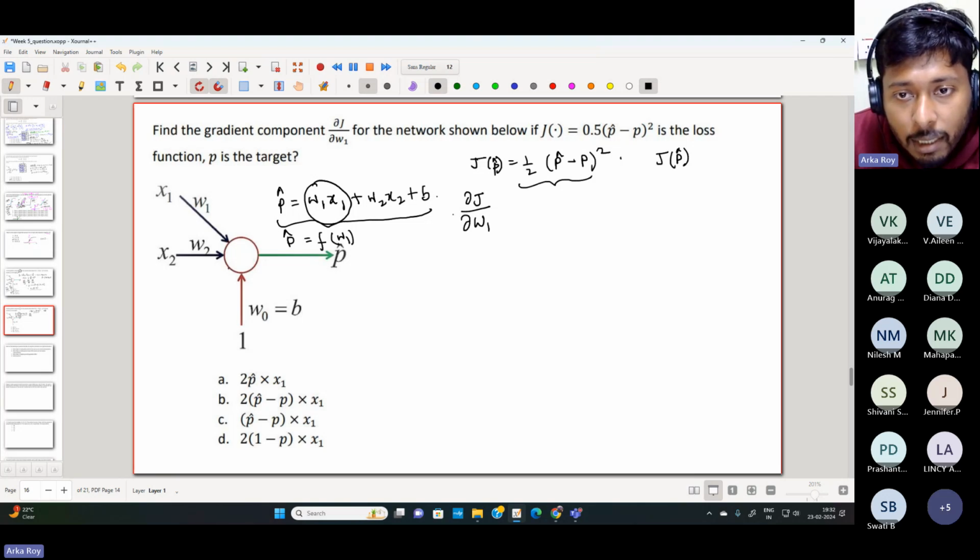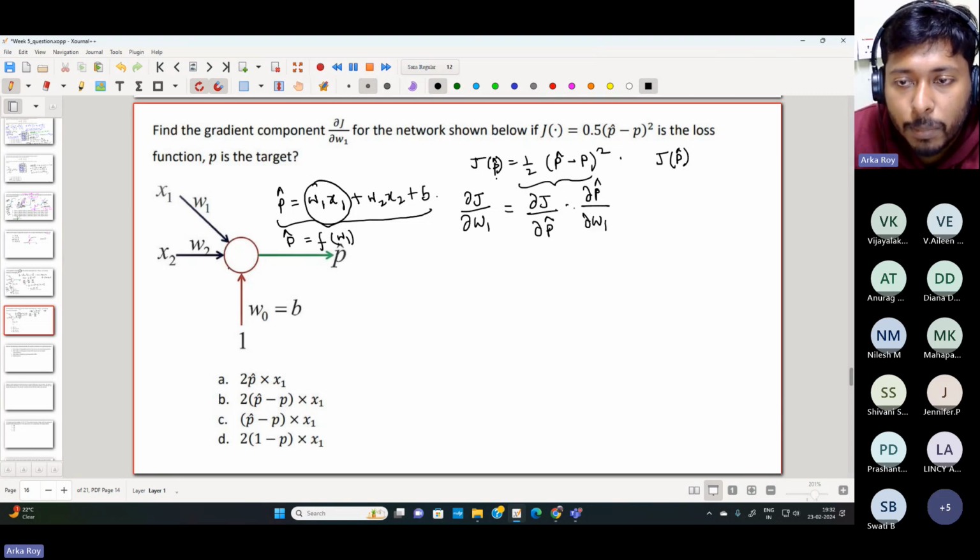So to take the gradient, first you have to take the gradient with respect to p hat, because J is a function of p hat, and then p hat is dependent on w1. So you take the derivative of p hat with respect to w1.